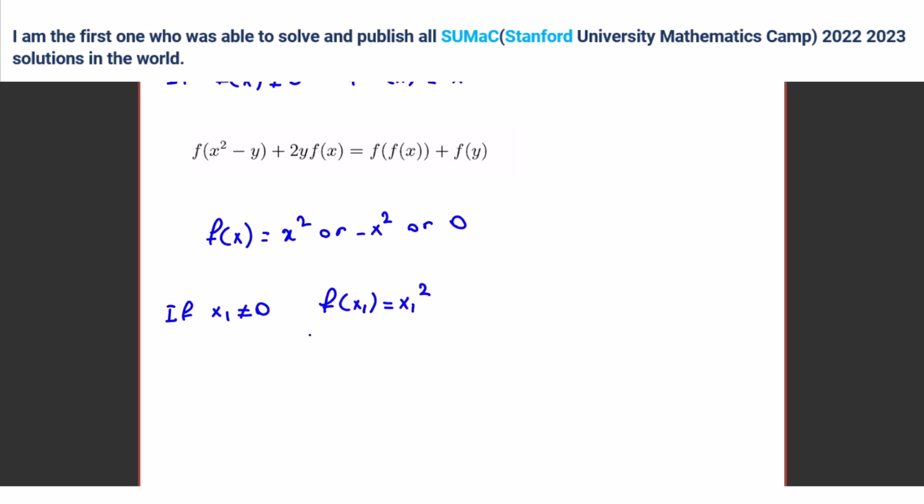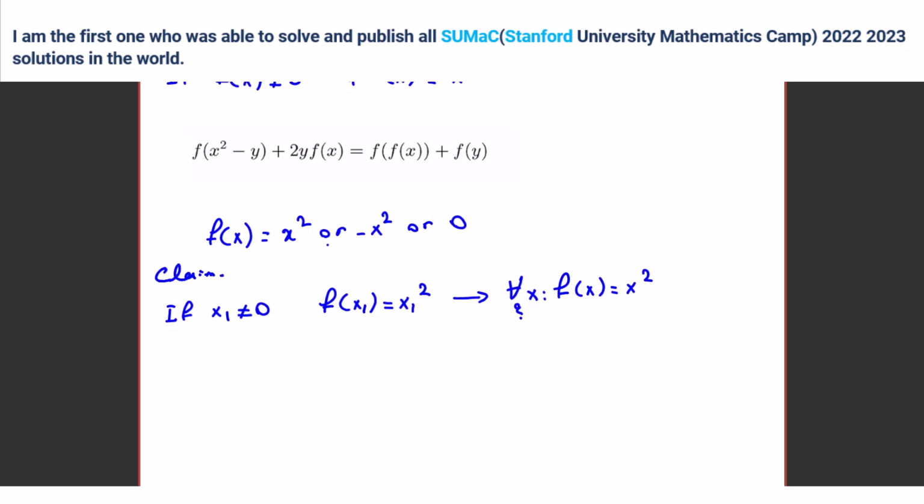We want to prove that for all non-zero values, f of x is x squared. Then you should prove why for all x, f of x is x squared. It is our claim. Okay?